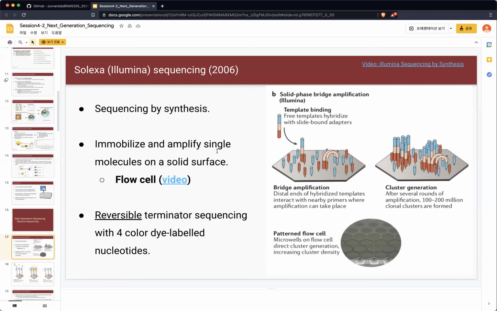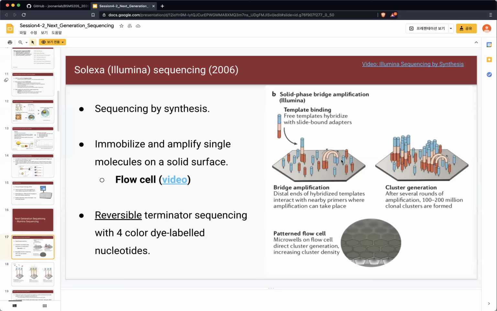So if you have a tiny solid panel, you put primer stations onto it, and then you attach the sequence library to the primer stations. Then you make the sequencing process.